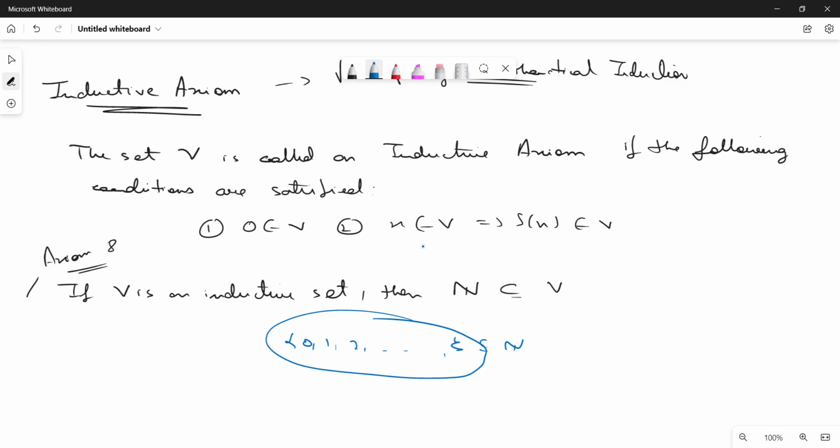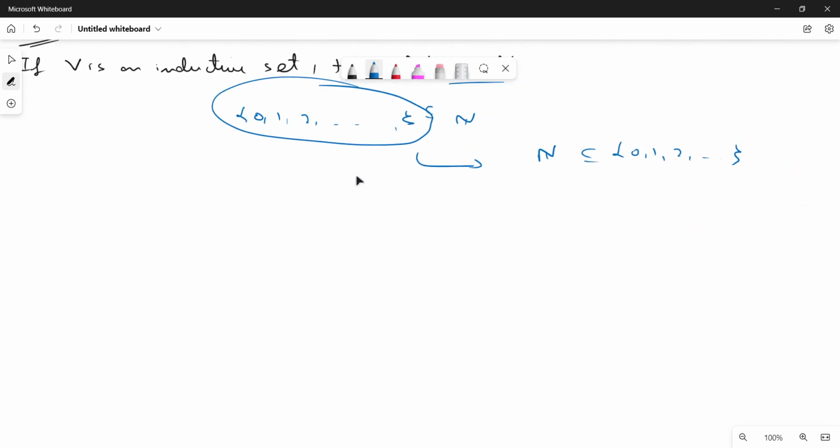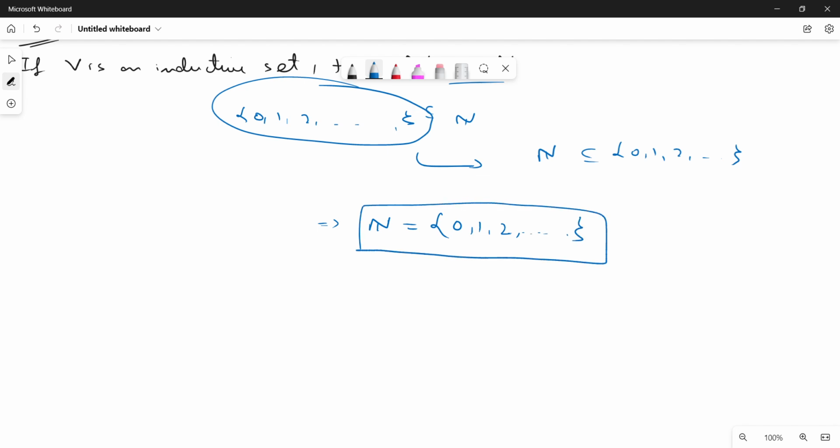Is this an inductive set? This is obviously an inductive set. So from this axiom, the natural numbers are contained in 0, 1, 2 and so on. So the set of natural numbers is exactly equal to the set of all iterated successors of 0, and we have completed the construction of what we call the natural numbers.